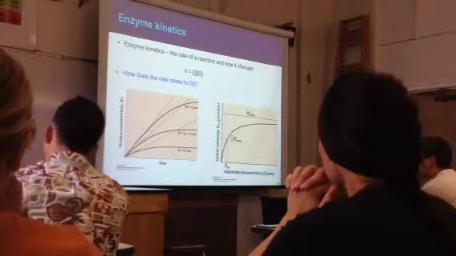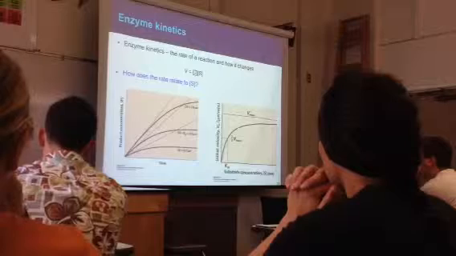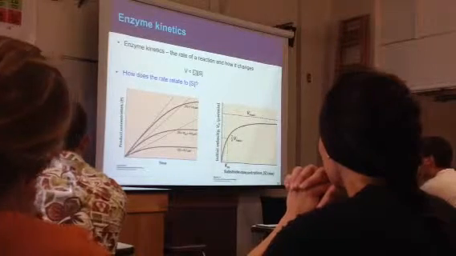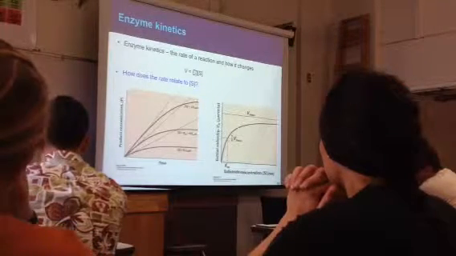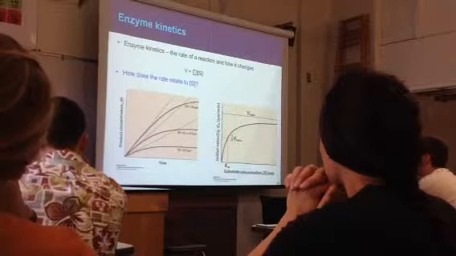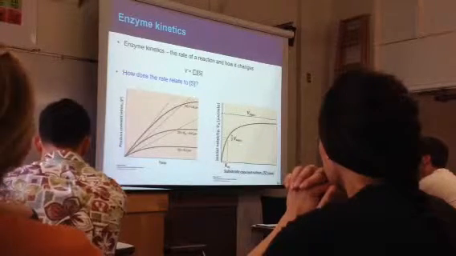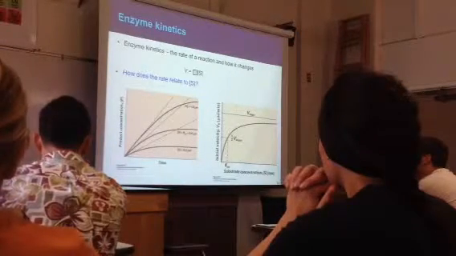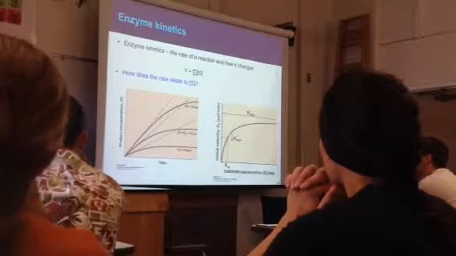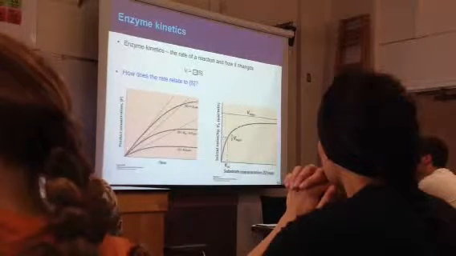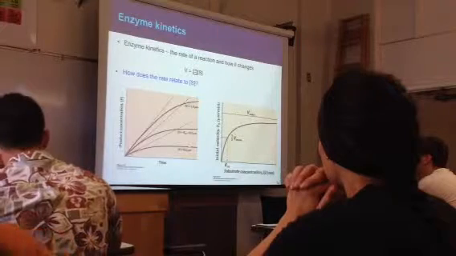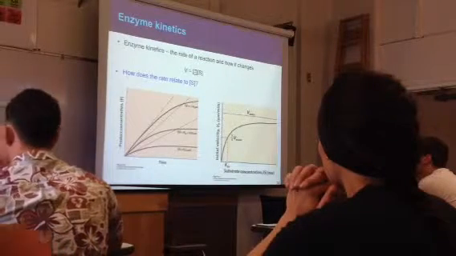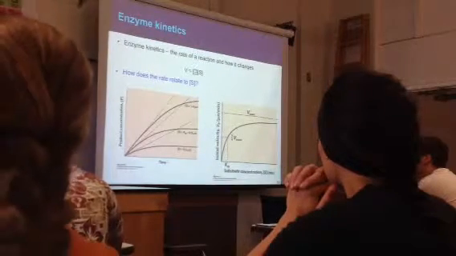That's a rate, right? At this starting concentration of substrate, at this starting concentration, and at this starting concentration. Okay, so what do you see? That the concentration of product increases over time with the increase of substrate, which conforms to this equation.